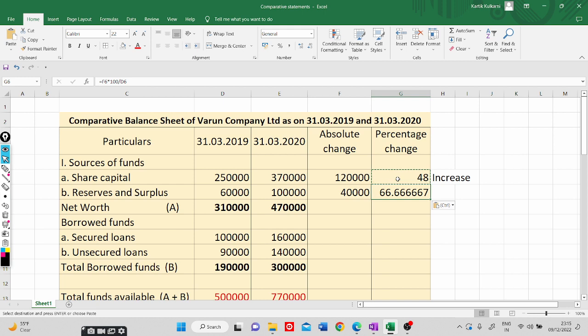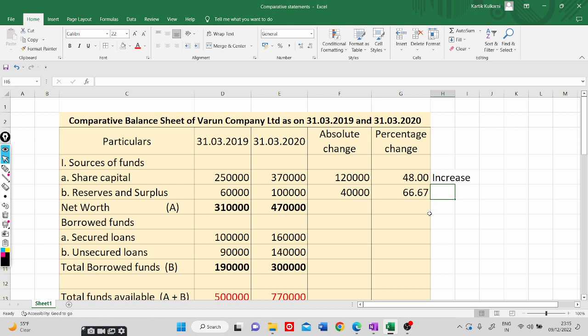It is 66.66. We can round it off or decrease the decimal. It is again an increase.